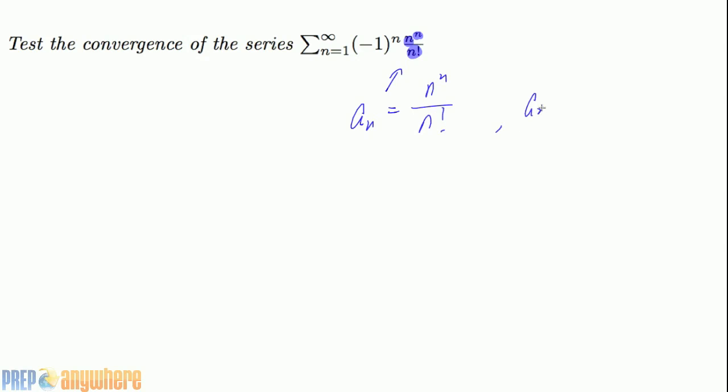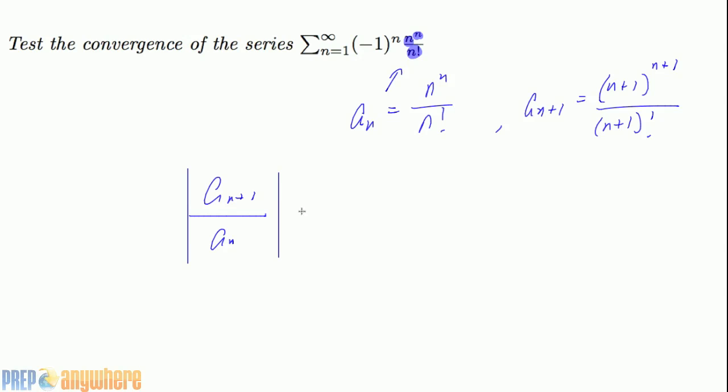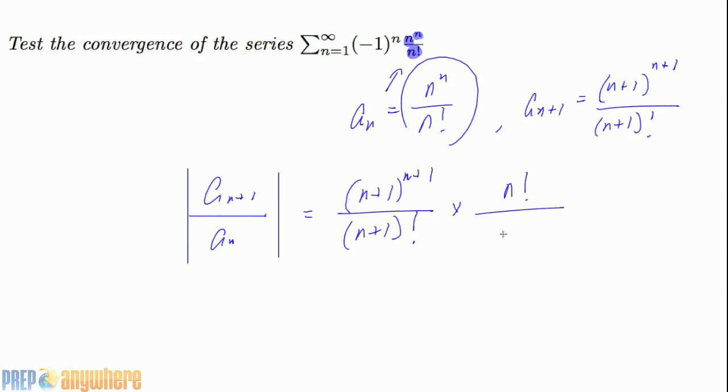Then we get a_(n+1) to be (n+1) to the power of n+1 over (n+1) factorial. Okay, so we have this divided by a_n; I'm going to multiply by the reciprocal instead, so I skip one step here.